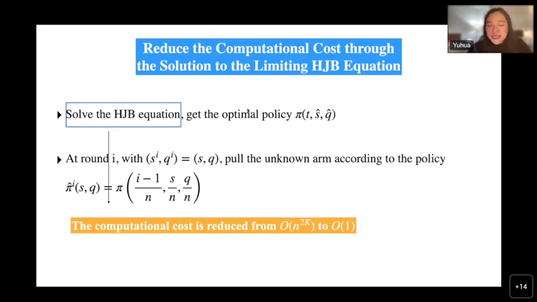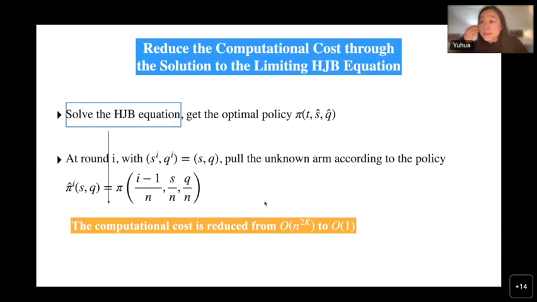And as I mentioned, when you have an exact solution for this HJB equation, the computation cost is 0. If you have a numerical method, it depends on what kind of numerical method you use. That is your computational cost. But both ways, it's independent of this horizon.